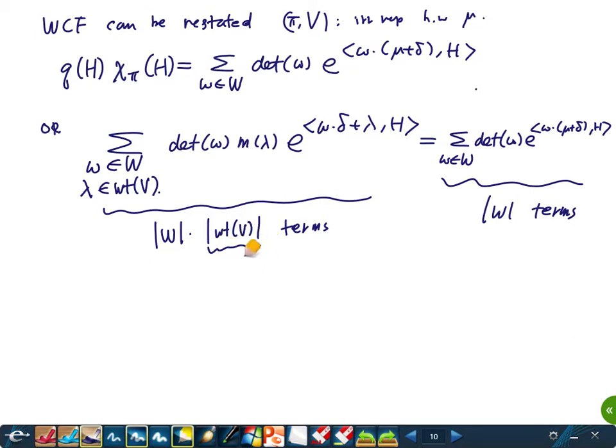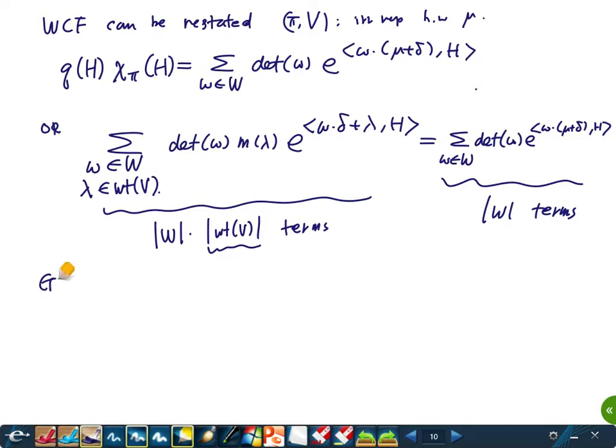It could be even infinite, right? There are many terms. But we have plus and minus because of this determinant. This is a non-negative integer. We have a lot of pluses and minuses, and then they all cancel. And then we only have just one term with plus or minus for each w. So there is a huge amount of cancellation going on.